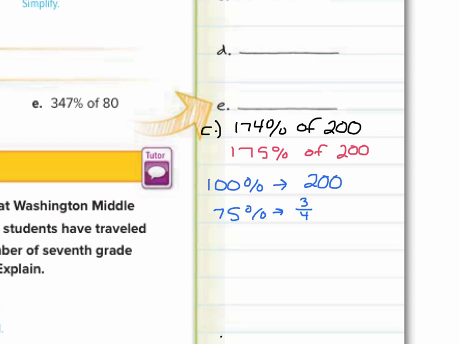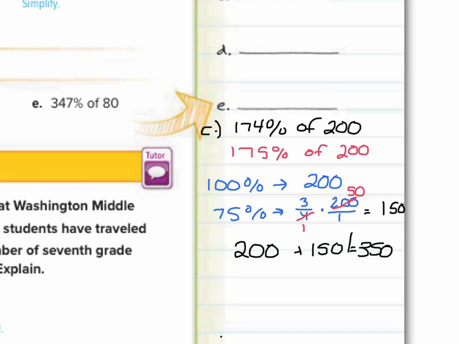If we were to multiply 3/4 by the 200, you can write 200 over 1, cross simplify, divide both the 4 and the 200 by 4 to get 1 and 50. 3 times 50 is 150. And so last, if I add the 200, which was the 100%, plus the 150, which represents the 75%, we get an answer of 350 for part C.